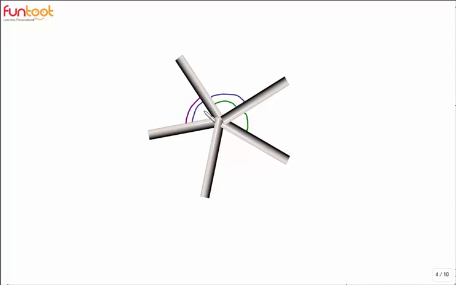This angle is adjacent to this. This angle is adjacent to this. This angle is adjacent to this angle. And finally, this angle is adjacent to this angle. So here we can identify many pairs of adjacent angles.